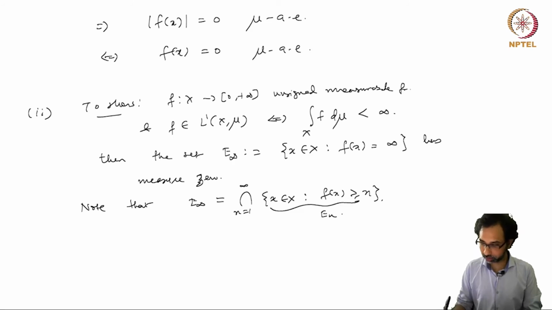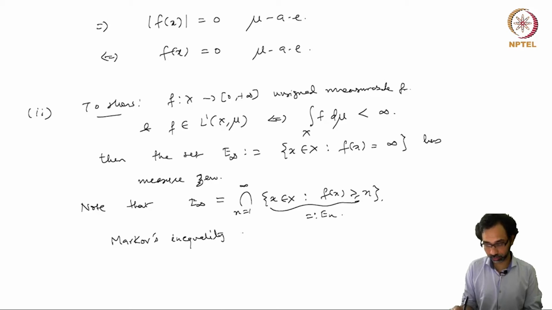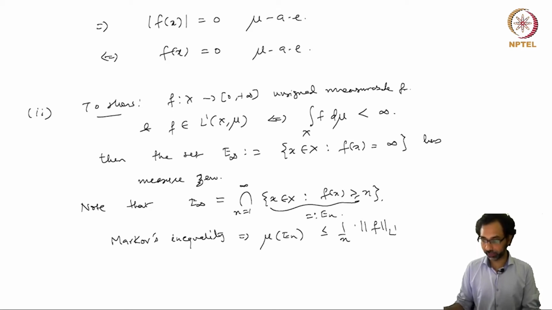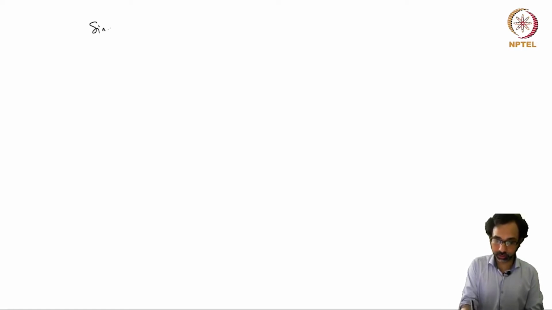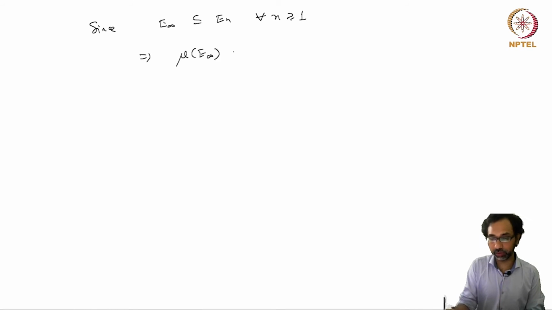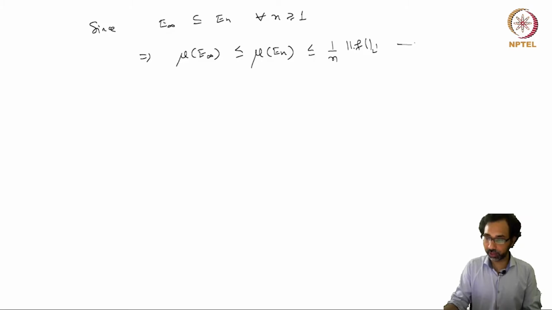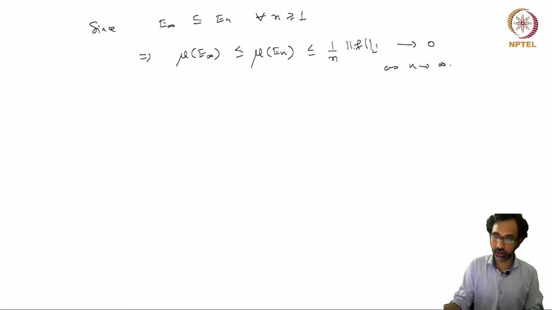If I denote these sets E_n, then Markov's inequality implies that the measure of the set E_n is less than or equal to 1 over n times the L1 norm of f, and since E infinity is a subset of E_n for all n greater than or equal to 1, this implies that the measure of E infinity is less than or equal to the measure of E_n, and this is less than or equal to 1 over n times the L1 norm of f, and this goes to 0 as n tends to infinity.